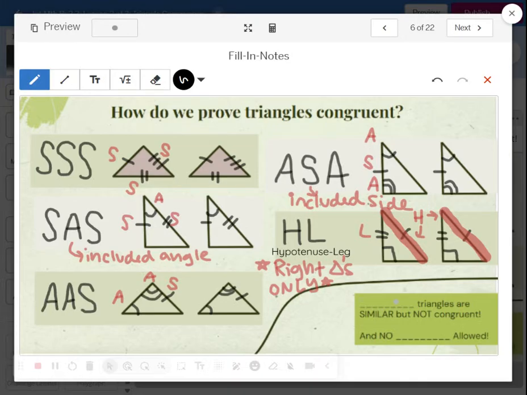All right, looking at the bottom here, we've got some little side notes. I'm going to draw out 2 tiny little triangles because I didn't give us enough room here, just as an example.